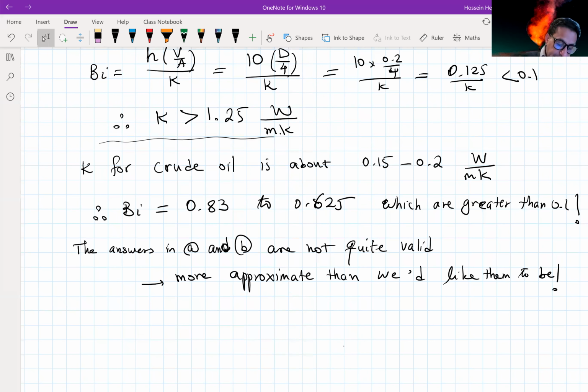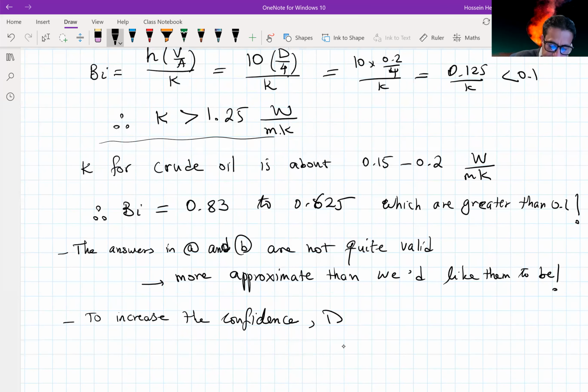In order to increase the confidence in the answers we are getting for this pipeline, the diameter should be about 0.025 meter or less.